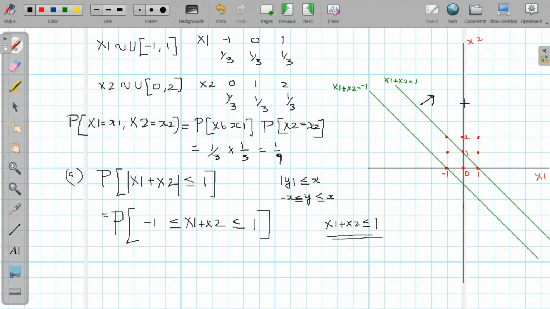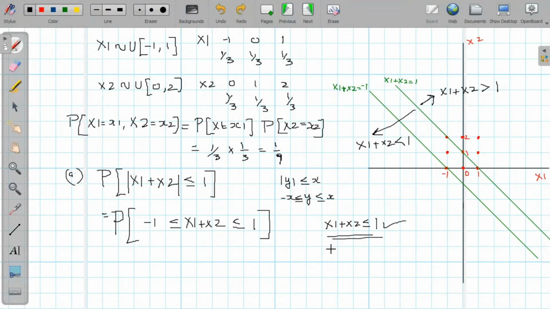All the region lying above this line is the region for which x1 plus x2 is greater than 1, and all the region lying below this line satisfies x1 plus x2 less than 1. So the region defined by this inequality includes the green line on which x1 plus x2 is 1, plus the region lying below this boundary.